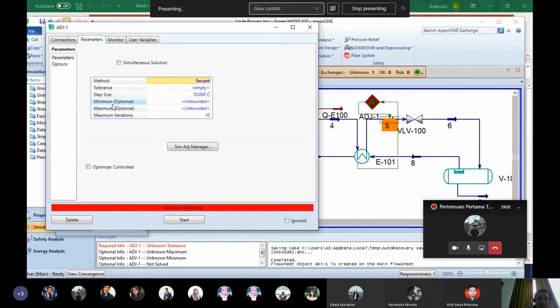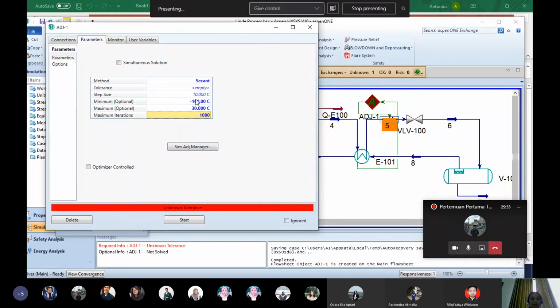Then the minimum value I can set here; probably it should not be less than the temperature at which LNG is liquefied, which is minus 60. And the maximum, you can put, for example, 30 degrees C. For the maximum number of iterations, you can set, for example, 1000.